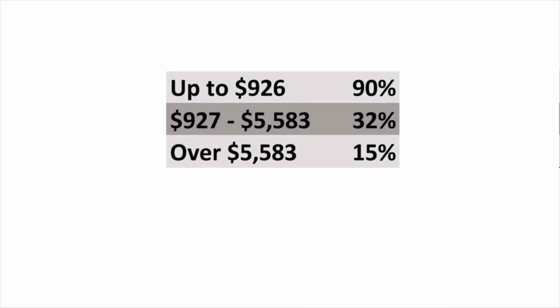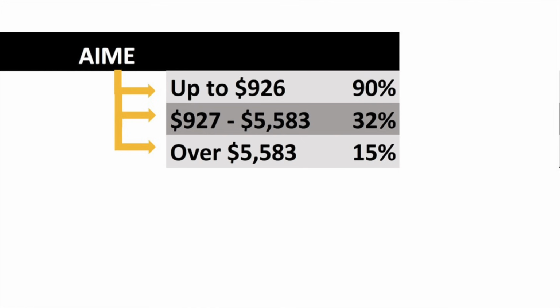So in 2019, the bend points are $926 and $5,583. But the formula is calculated based on three separate percentages of different portions. First, you have the amount up to $926, and then the amount between $926 and $5,583, and then the amount over $5,583.